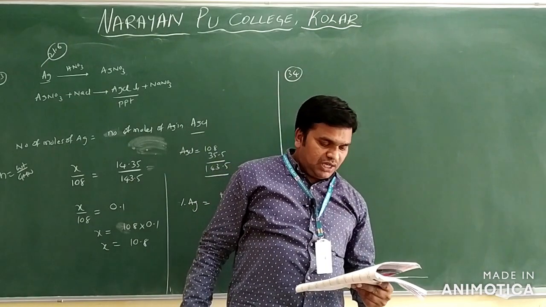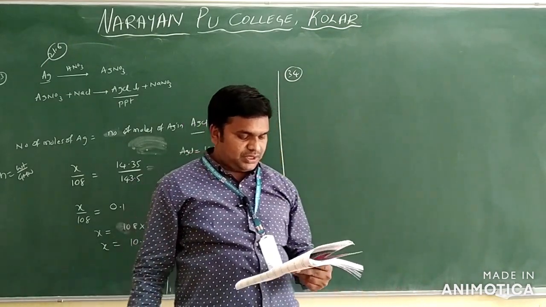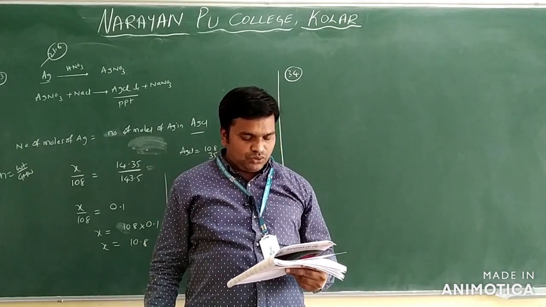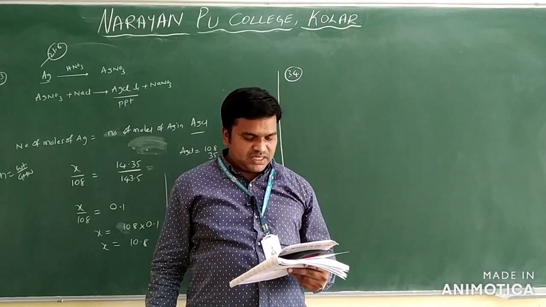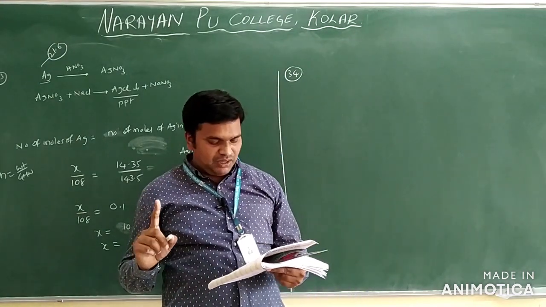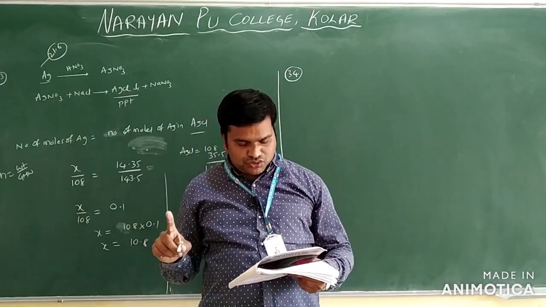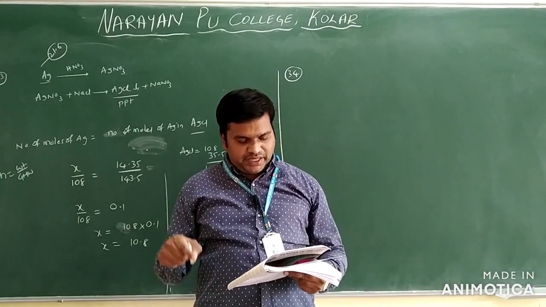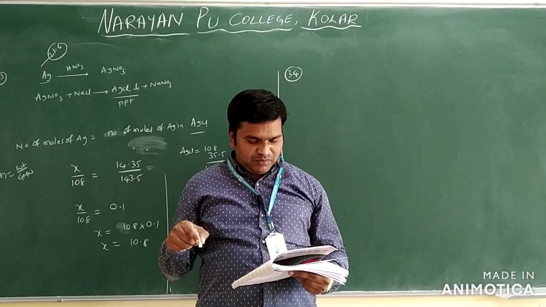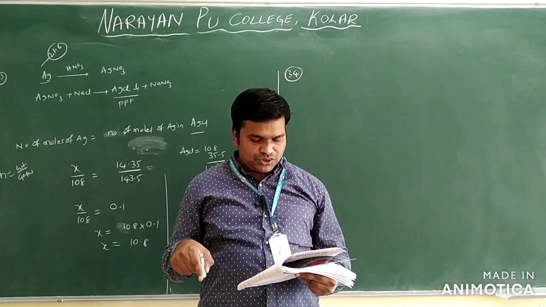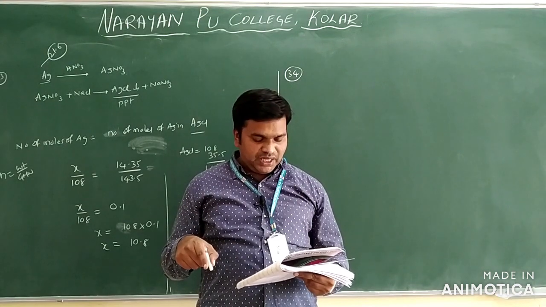If 500 ml of 1 molar glucose solution is mixed with 500 ml of 1 molar glucose solution, what is the final molarity of the solution only? They are asking the final molarity of the solution.